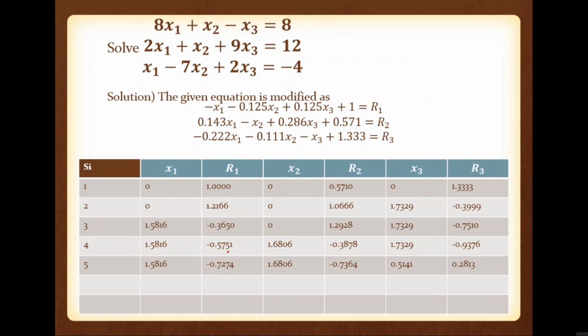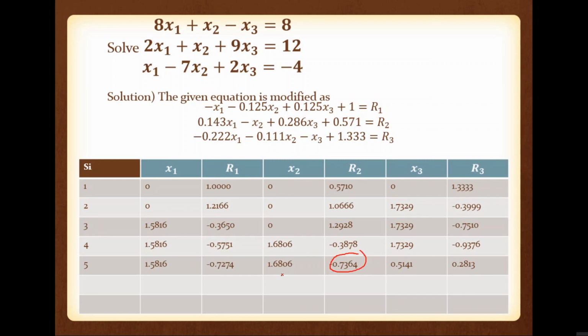So these are the next residues: minus 0.7274, minus 0.7364, 0.2813. Is it okay? So please note here the largest one is this one, R2. This one has the largest magnitude compared to the remaining two. So by using this residue, we have to modify x2.